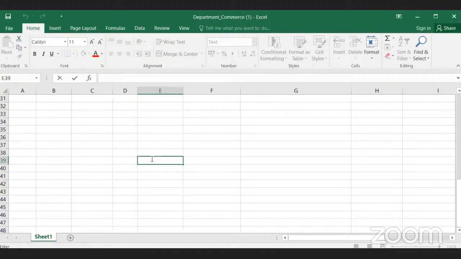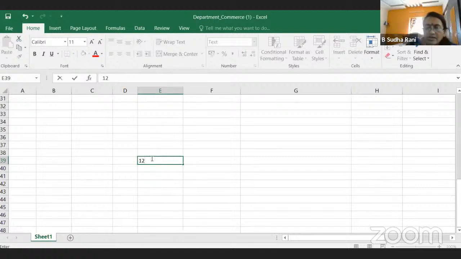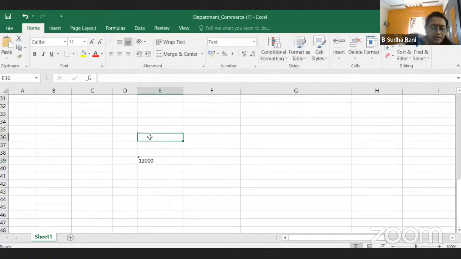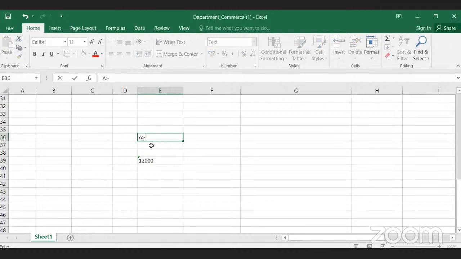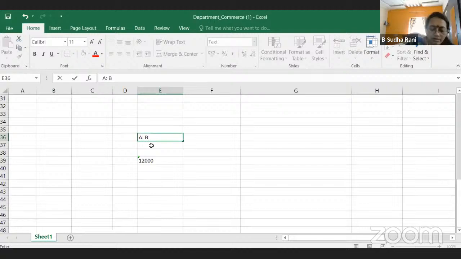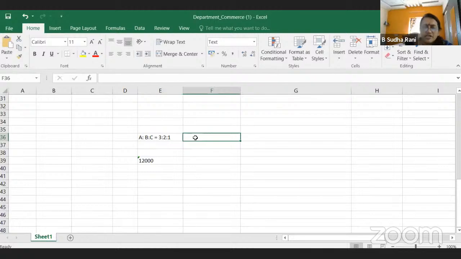Yes, ma'am. See, the amount difference you got, 12,000 we got. And in the question it was given that A, B and C are sharing in 3 is to 2 is to 1 ratio. Means if the total share is assumed as 3 plus 2 plus 1, how much do you get?